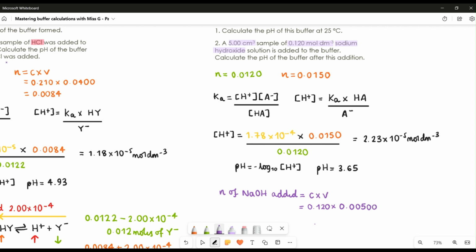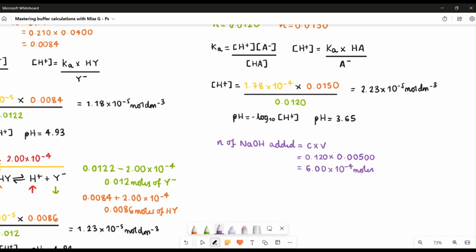So a very small volume, which is going to give us quite a small value for the moles, which, as I said earlier, a buffer can only maintain its pH upon addition of very small quantities of acid or alkali. So we've got 6 times 10 to the minus 4 moles. So not very much at all.